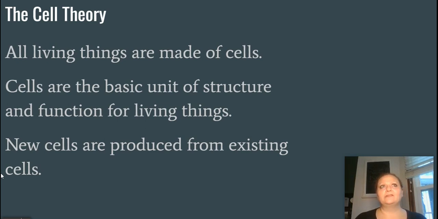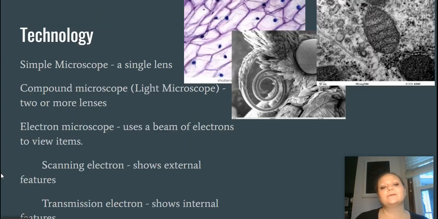But as you look at this and realize that this is all very important for biology, very important for science, you also need to understand that the story of the cell theory is not just about the nature of science, not just about the study of cells or cytology, but it's also about technology. We learned more information as our technology improved. Simple microscope, a single lens.